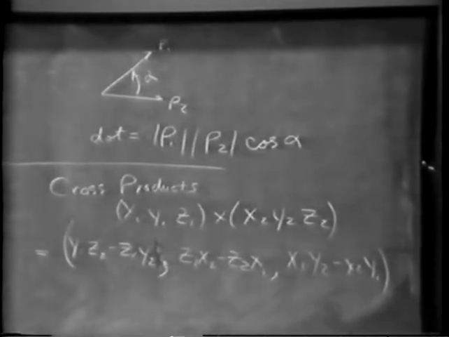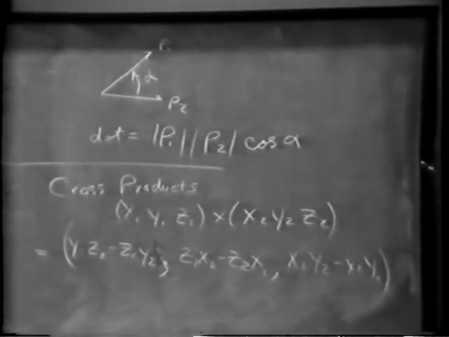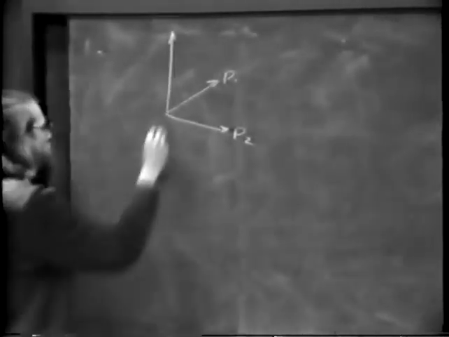The interesting geometric thing about the cross product: take the two vectors. The cross product is a vector which is perpendicular to both of them.